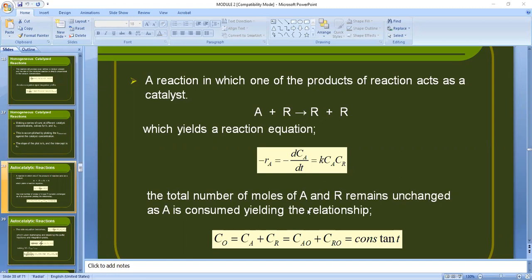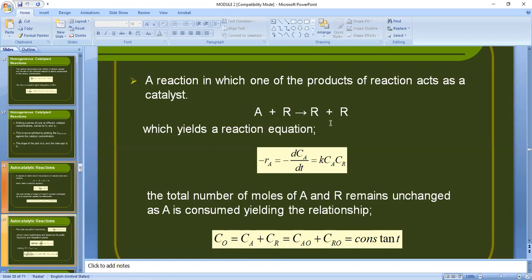Now, the relationship that we are to take note of, as long as this is our stoichiometry, is the one that you see below. The sum of the initial concentrations of A and R should be equal to the sum of the concentrations of A and R at any particular time for an autocatalytic reaction. So it's a constant.